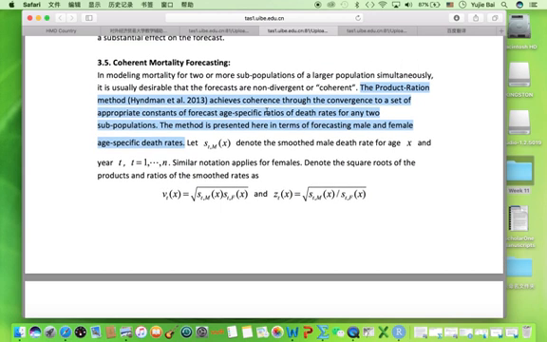To achieve this purpose, Hyndman introduced the product ratio method.